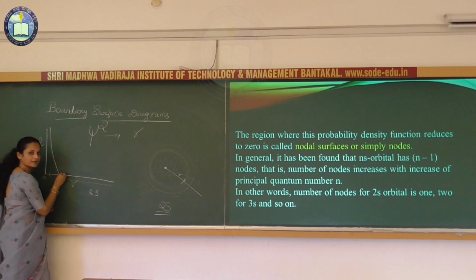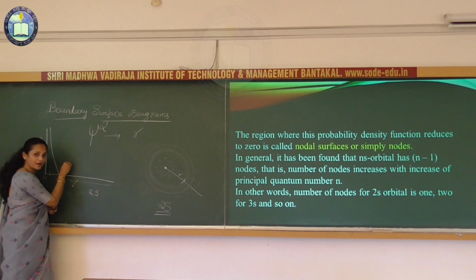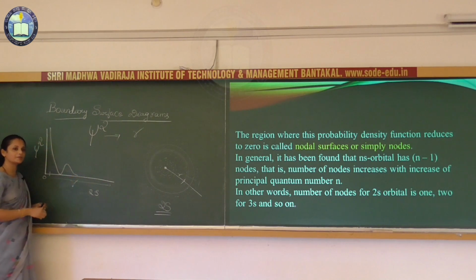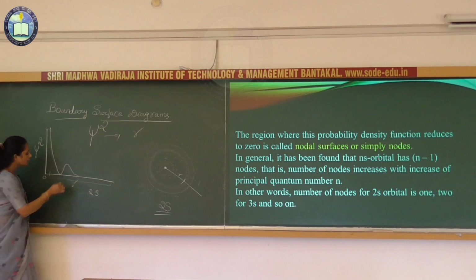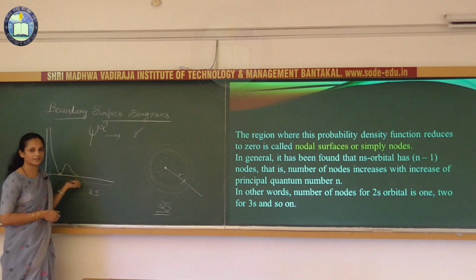Then again it will increase, ಒಂದು ಸ್ವಲ್ಪ ಹೊತ್ತಿಗೆ ಜಾಸ್ತಿ ಆಗ್ತದೆ, reaches a small maximum, then decreases, ಮತ್ತೆ ಪುನಃ ಕಡಿಮೆ ಆಗ್ತಾ ಹೋಗುತ್ತೆ. So ಈ particular region ಅನ್ನು ನಾವು nodal surface ಅಥವಾ node ಅಂತ ಕರೀತೀವಿ.